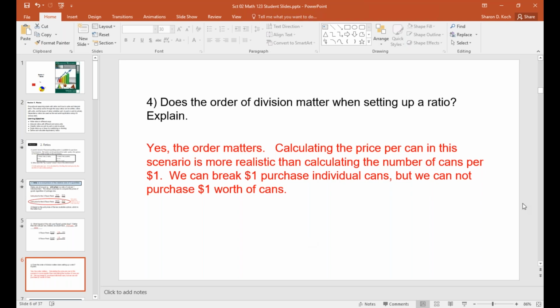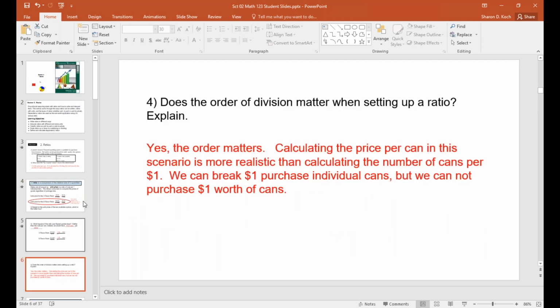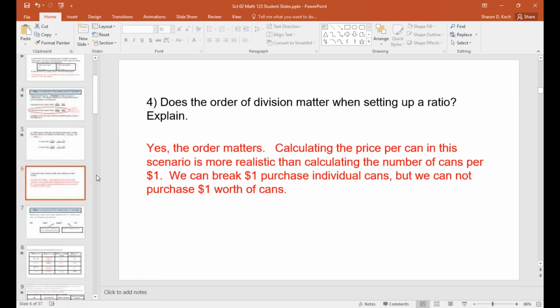Per is another key word that represents division, and then can would be in the denominator. So when we looked over here, we were doing basically price per can. And so that's why you can see that we set it up that way.